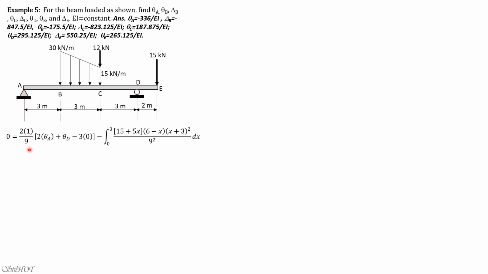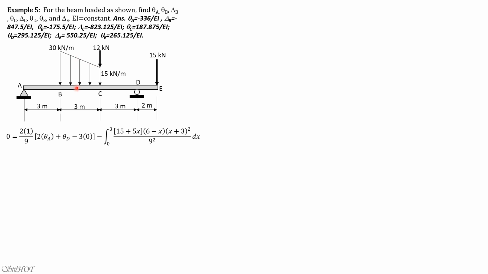So 2 times 1 over L, L is 9, quantity 2 theta A plus theta D, there is slope at D also, minus 3 times 0 because the chord joining A and D is horizontal. Then minus the fixed moment, which consists of the fixed moment due to this trapezoidal load and fixed moment due to this concentrated 12 kilonewton load.